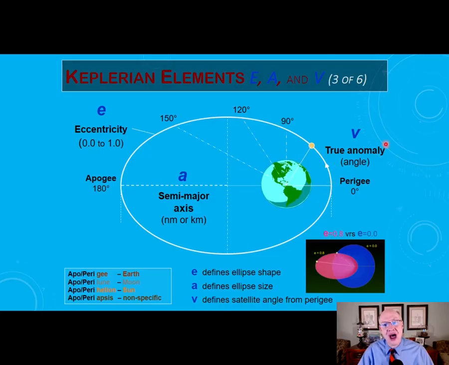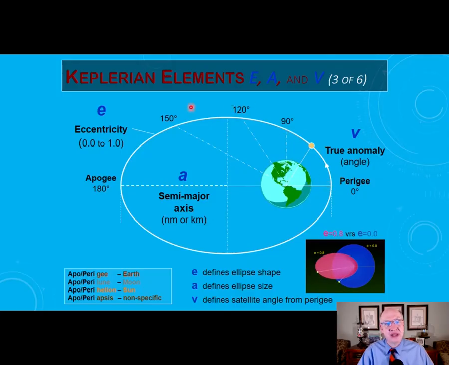The true anomaly is just a measure of the position of the satellite in its orbit. So we'll get to this a little bit later on, but I just want to mention it now because I thought this was a really good diagram for pointing it out. The true anomaly tells us where the satellite is in its orbit. A true anomaly of 0 degrees tells us that it's at periapsis, or in the case of an Earth orbit, perigee. An angle of 90 degrees would tell us that it's at a right angle to the line of periapsis.